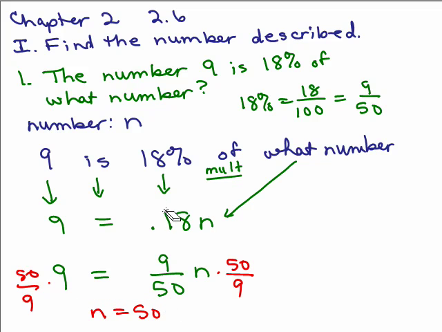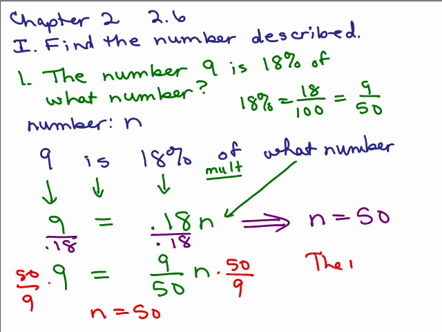Now, if you did it this other way, if you used the decimals, you could divide both sides by 0.18 and use a calculator or do long division. Okay? So that also gives you n equals 50 after you solve it. So the answer is, the number is 50.